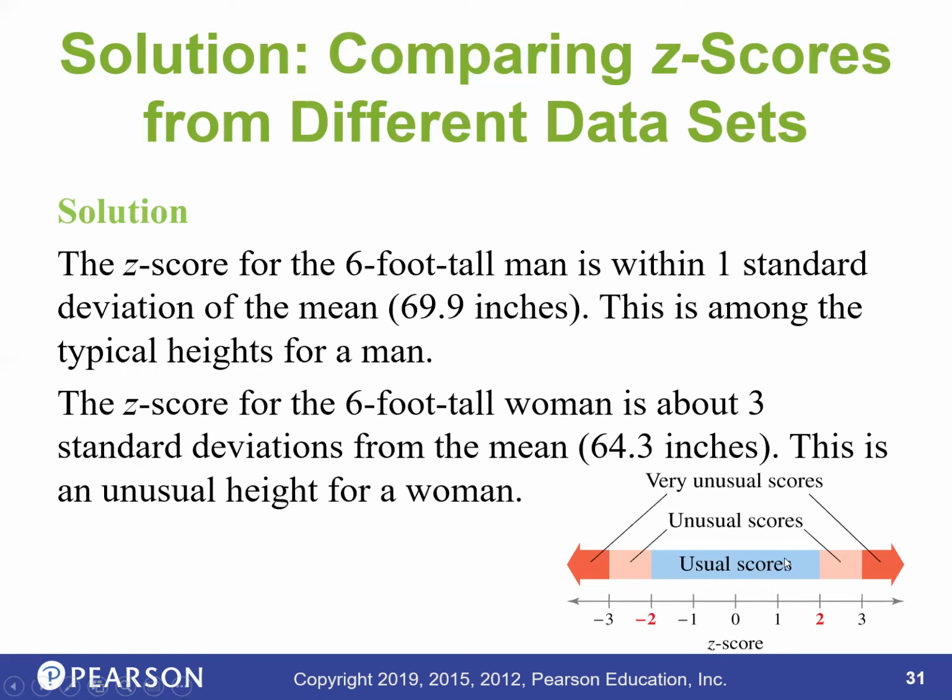A Z-score of 1 is still usual. When you get a Z-score of 2, that's our dividing line. That means you are getting into the unusual scores category. And when you get past 3, forget it. You are a very, very unusual score.